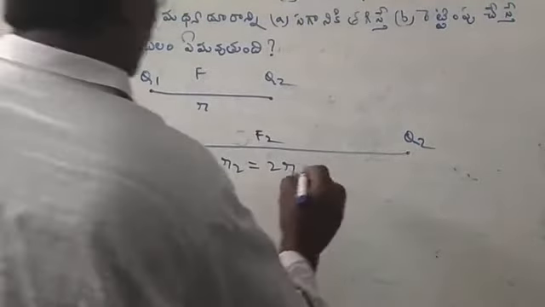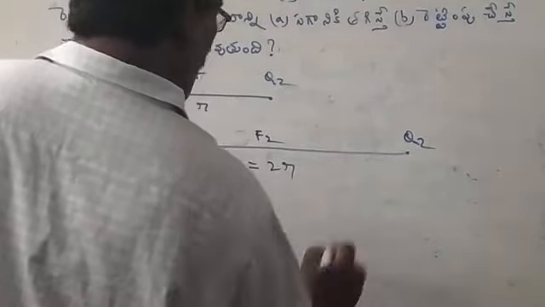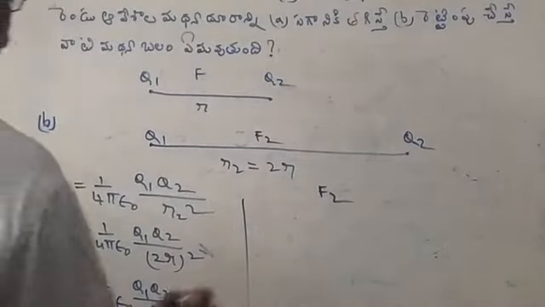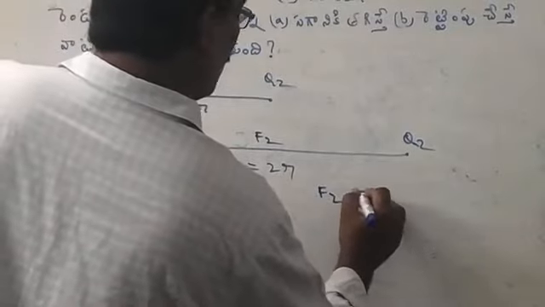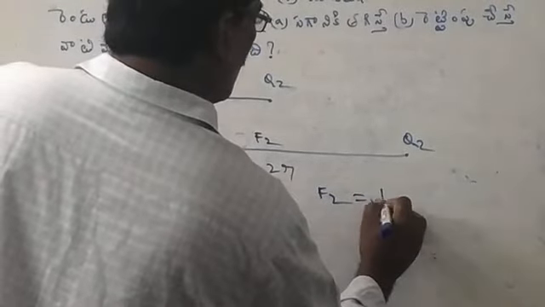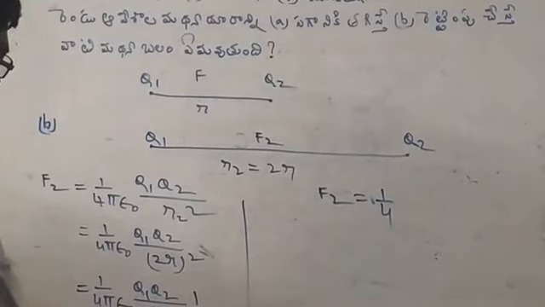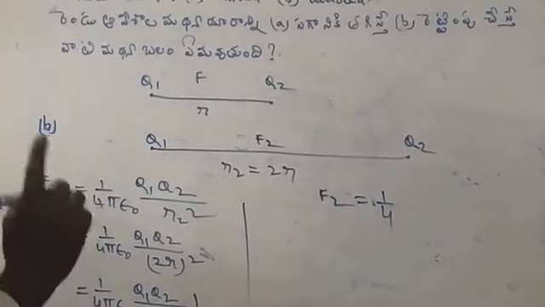F2 is equal to 1 by 4 into 1 by 4 pi epsilon naught into Q1 Q2 by R square.